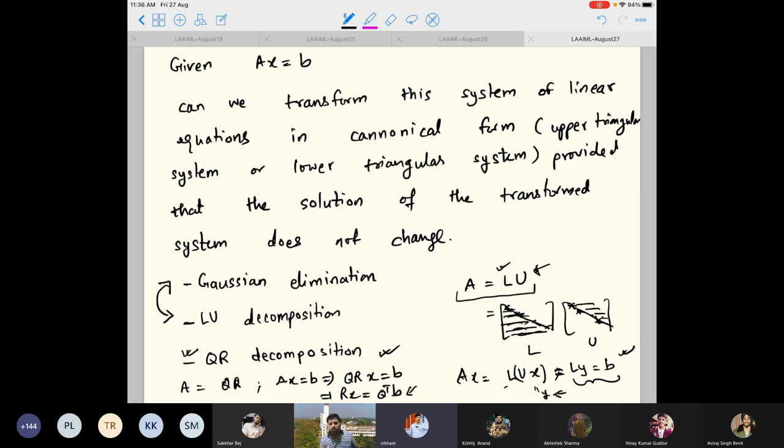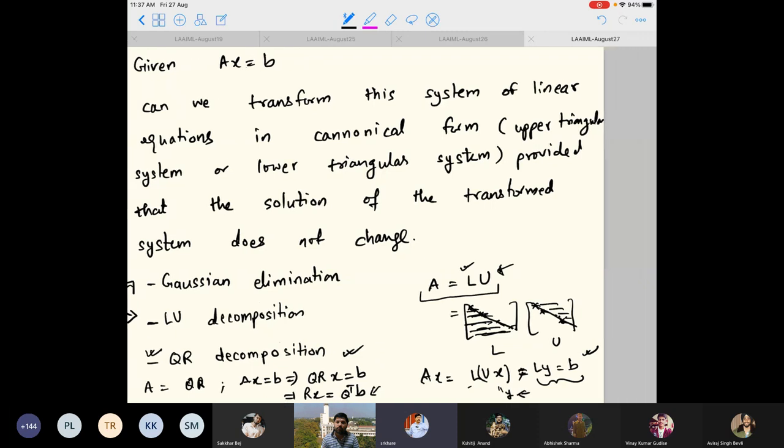Okay, so the square root method that you are saying is called Cholesky decomposition, but that is only for a particular class of matrices which are positive definite matrices. They are symmetric and they have the additional property of being positive. But you are right, you can think of the Cholesky decomposition as a particular case of LU decomposition. Thank you.